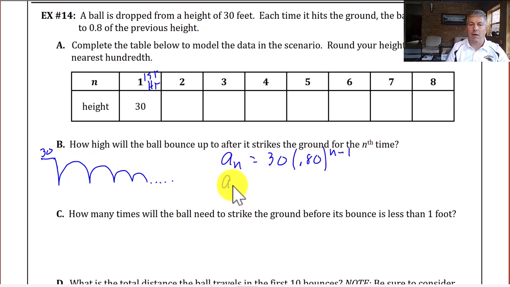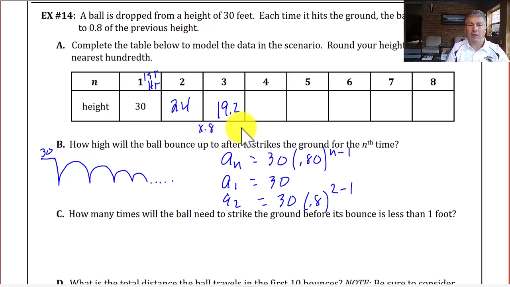So a sub 1 is going to be 30, and a sub 2 will be 30 times 0.8 to the 2 minus 1, so 80% of 30 is 24, and then 80% of 24 is 19.2, and 80% of 19.2 is 15.36. So this is what they mean by you can find the next one recursively. We're just going to multiply by 80% all the way across here and get our particular values.